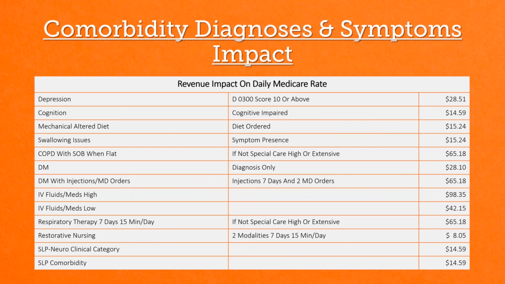This makes me think about how many patients in your nursing homes take their medicines in applesauce or pudding. We know it's a standing order in most SNFs, so they're not usually even diagnosed with a swallowing issue. So CMS is recognizing that we do interventions just for a symptom, $15.24 a day, every day on average.